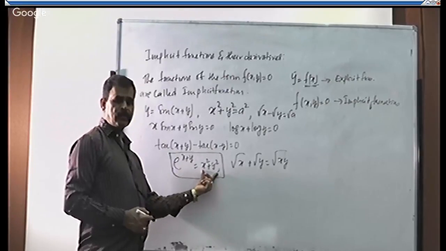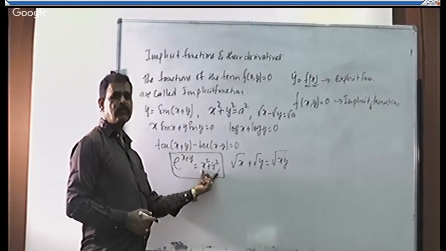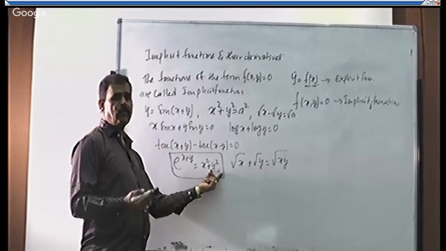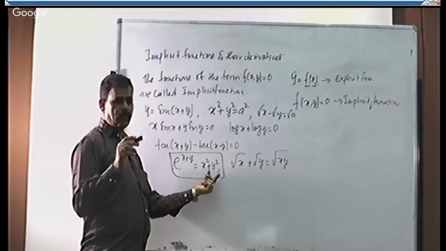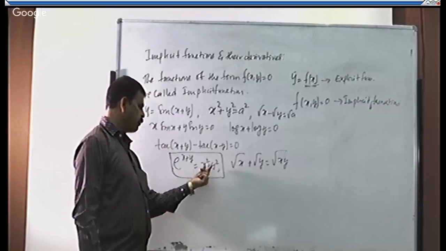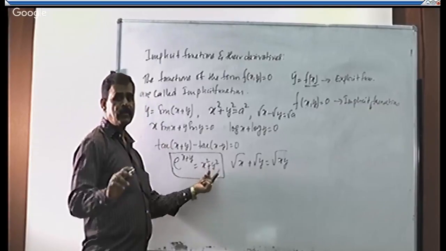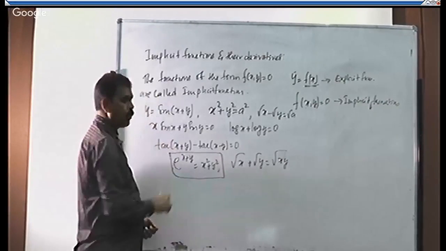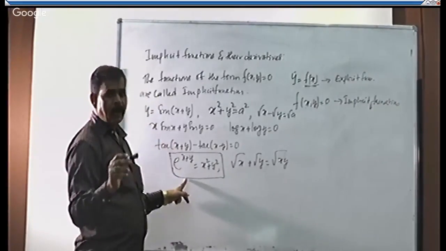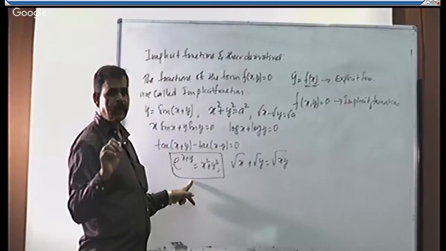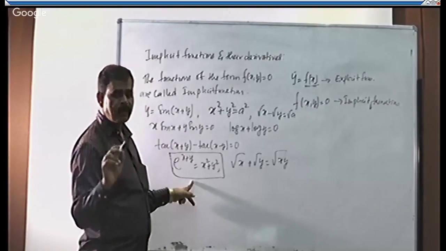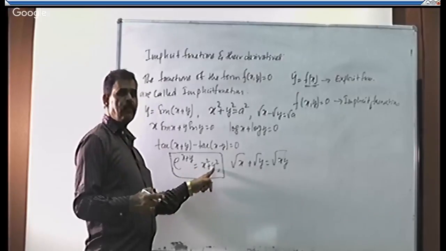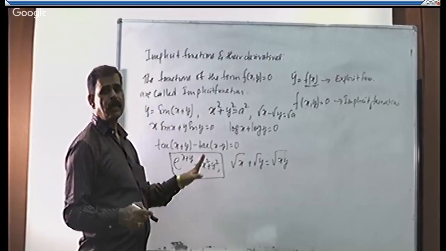Differentiate these two. What is differentiation of x square? It is 2x. What is differentiation of y square? We don't know. But the x term and y term are differentiated similarly. On differentiating, if you come across y term, it is differentiated similar to x term, but at the end we have to write dy by dx.